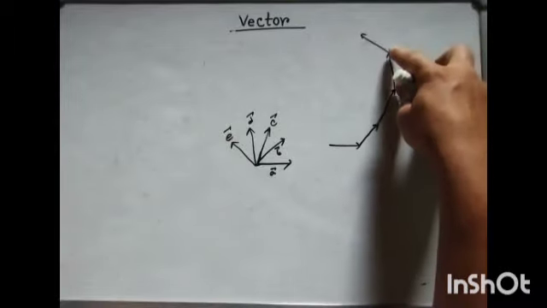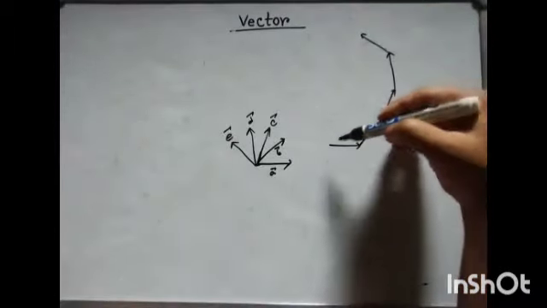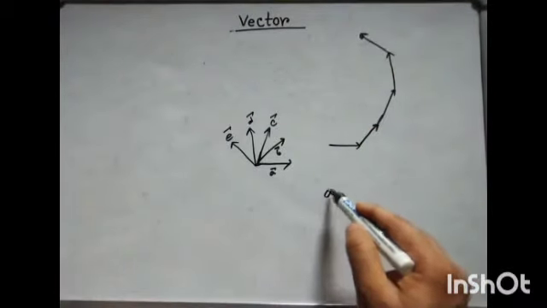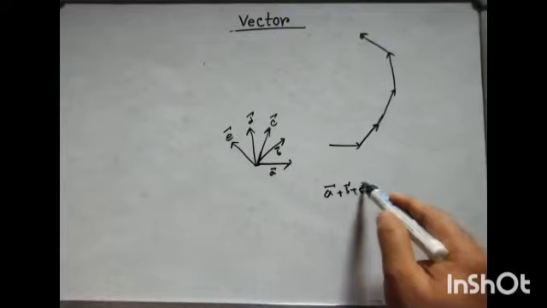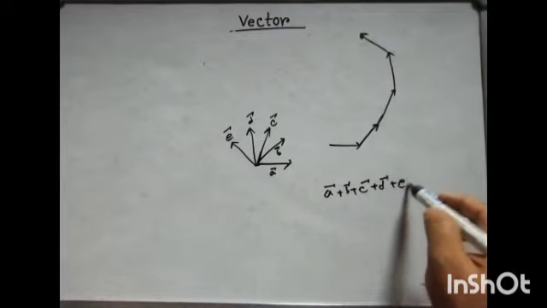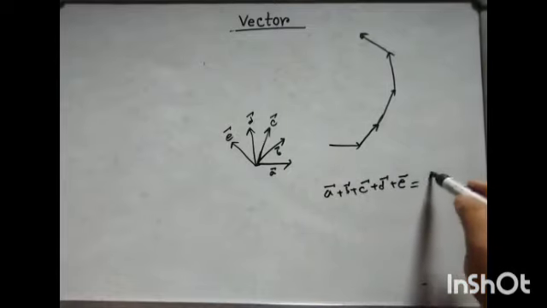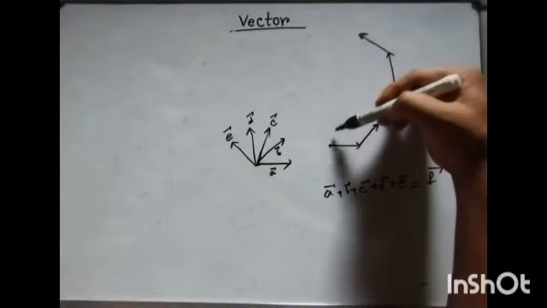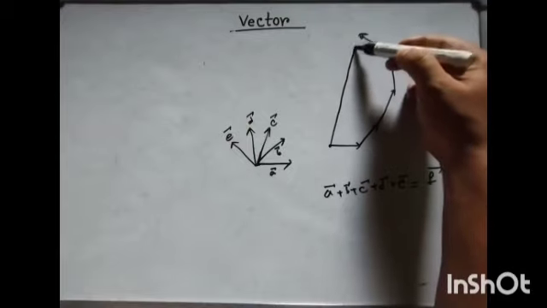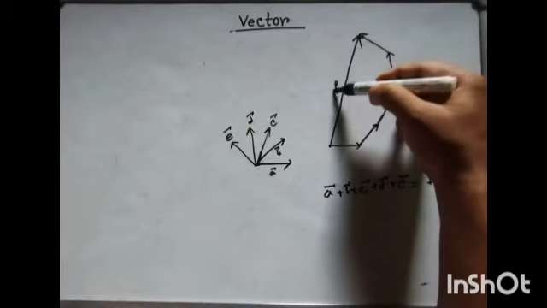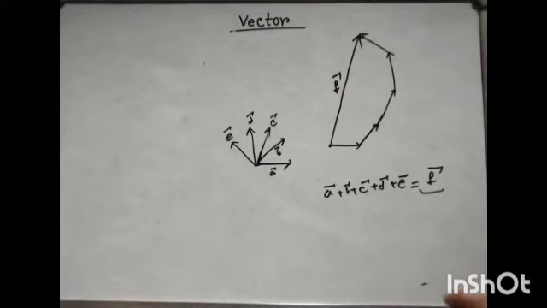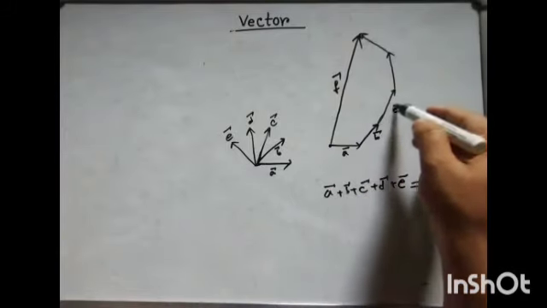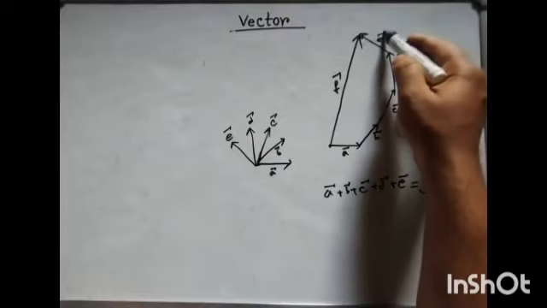So from one vector's end I have to draw another vector, and the final result is a vector plus b vector plus c vector plus d vector plus e vector. Suppose the resultant vector is f vector. So from the initial point to the final point, this vector will be your resultant vector. This is a vector, this is b, this is c, this is d, this is e.